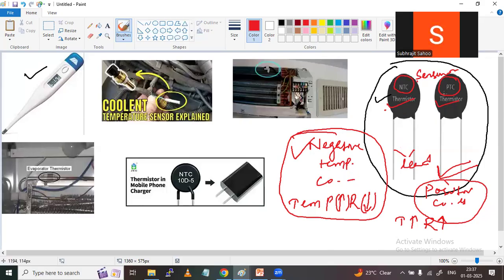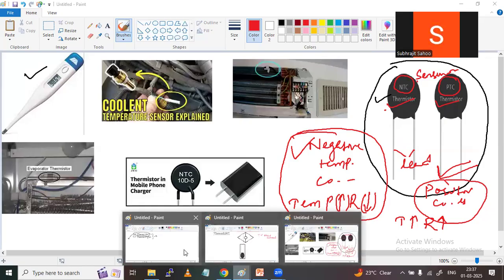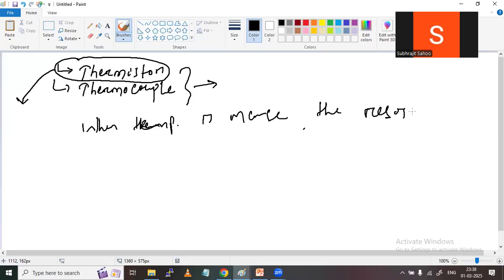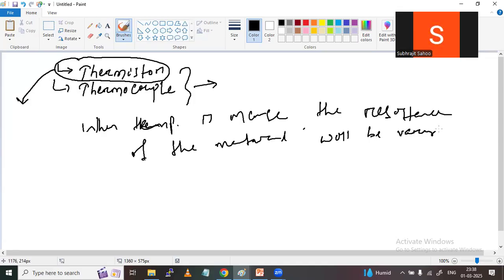So it is NTC and PTC. As I told, what is the working principle of this one? Very simple. When the temperature increases, the resistance of the material will vary.